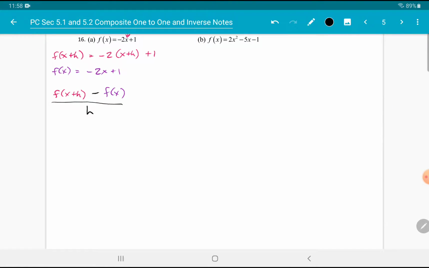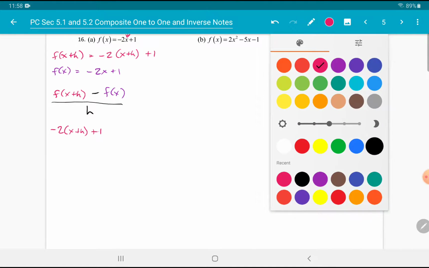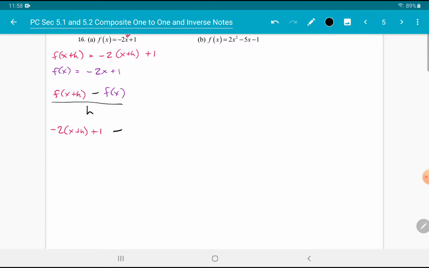Okay, and then from there, because I have color-coded everything, I now know that whatever is red, I'm just going to plug in, and whatever is purple, I'll plug in, and then it will all come out nicely. So I have negative 2 times x plus h plus 1, and then I have minus f of x. F of x in purple is, because it's an entire expression there, I'm going to have to put this in parentheses, negative 2x plus 1. And then all this is going to be divided by h.